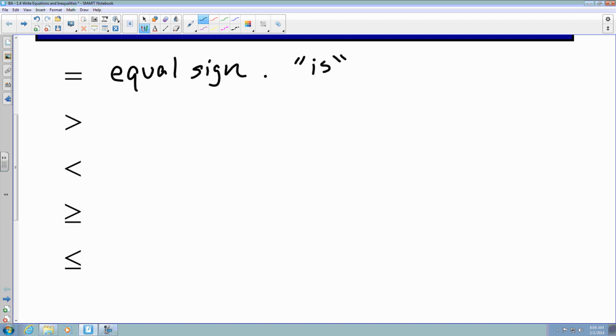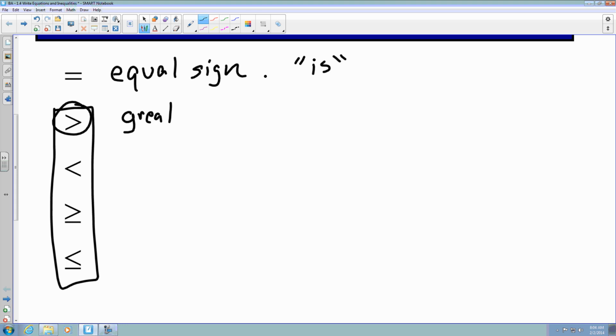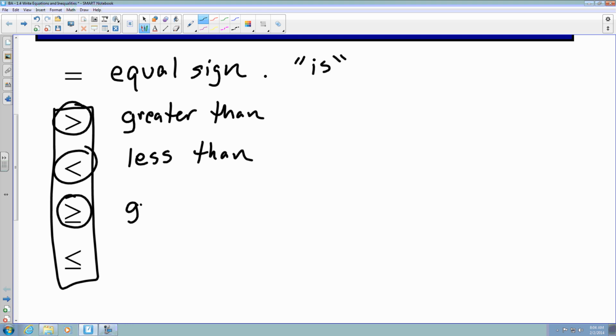When you have these values here, those are the inequalities. This one here is called greater than. Here is called less than. This one is greater than or equal to.